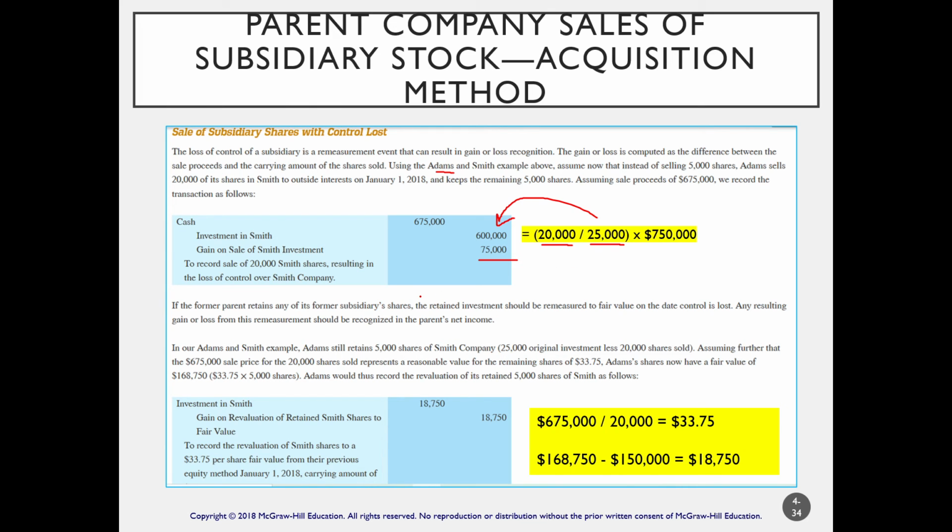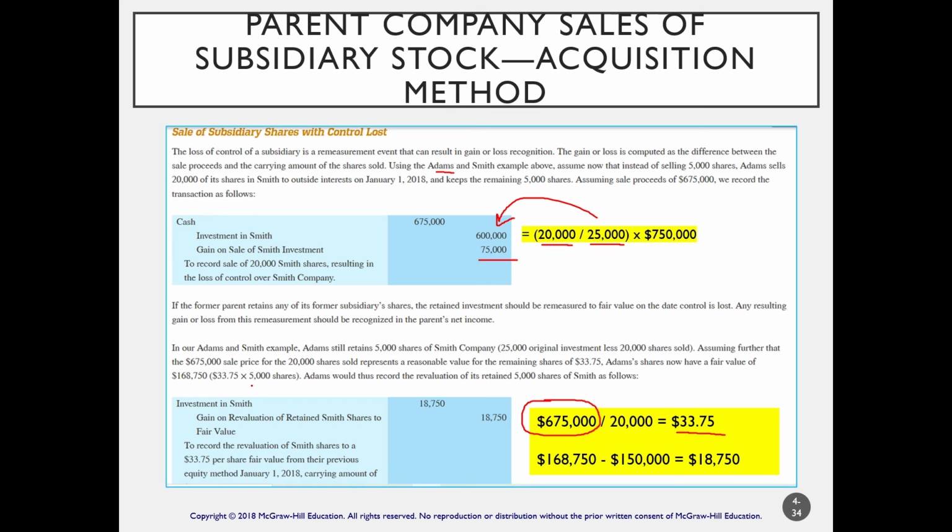And so the other portion, since we lost control, is that we're going to have to reassess the value of our investment. So how do we reassess the value? We basically know that someone pays $675,000 to acquire 20,000 shares. So that's $33.75 per share.